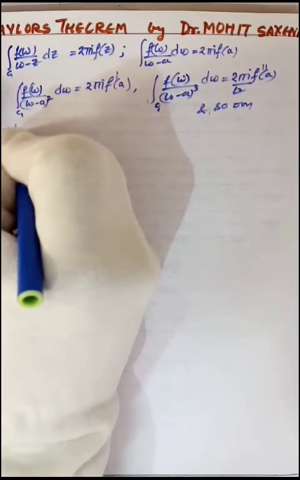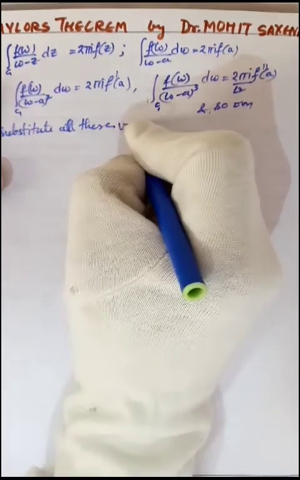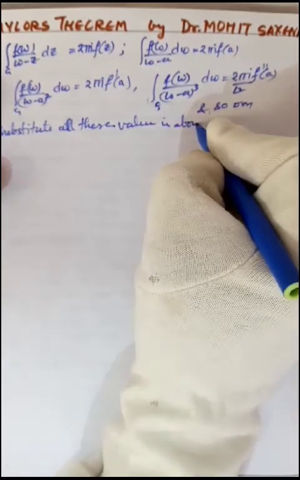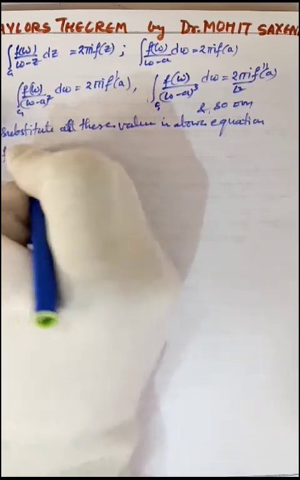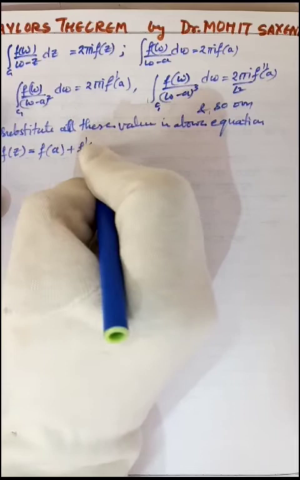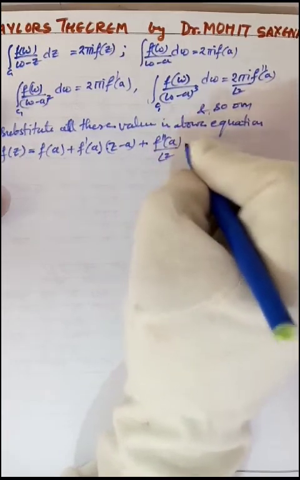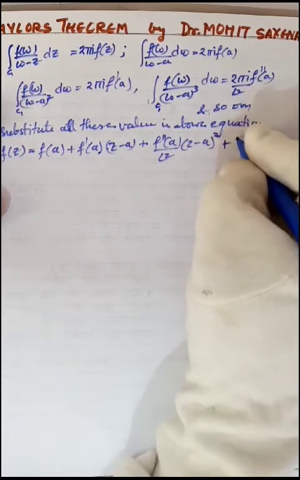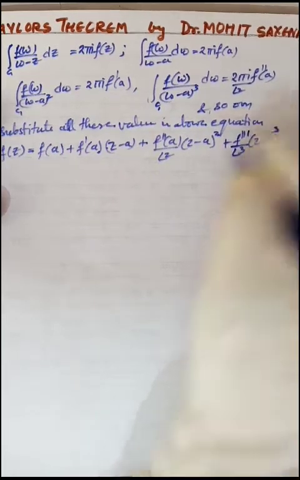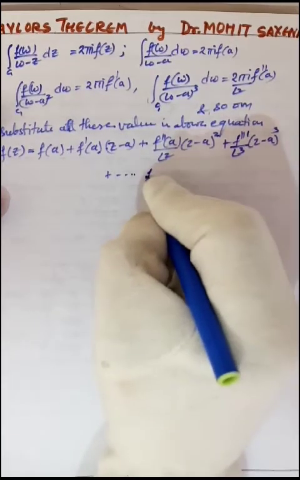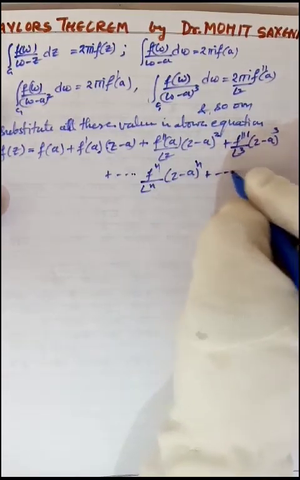So substitute all these values in the above equation, and we will get f(z) equals f(a) plus f dash (a) times (z minus a) plus f double dash (a) upon factorial 2 (z minus a) whole square plus f triple dash upon factorial 3 (z minus a) whole cube plus dot dot dot, and the nth term would be f nth derivative upon factorial n (z minus a) to the power n plus dot dot dot.